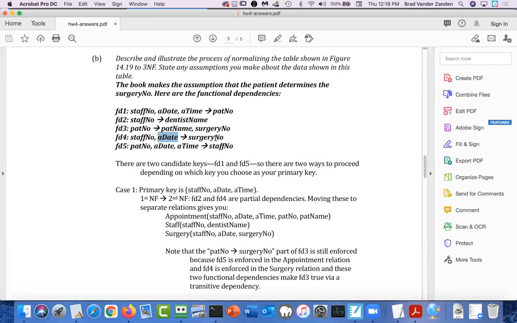Oh yeah, I'm thinking of patient number. I'm sorry. That's why you have time up there with patient number. I think I said in the assignment that you should assume that the patient determines the surgery number too.